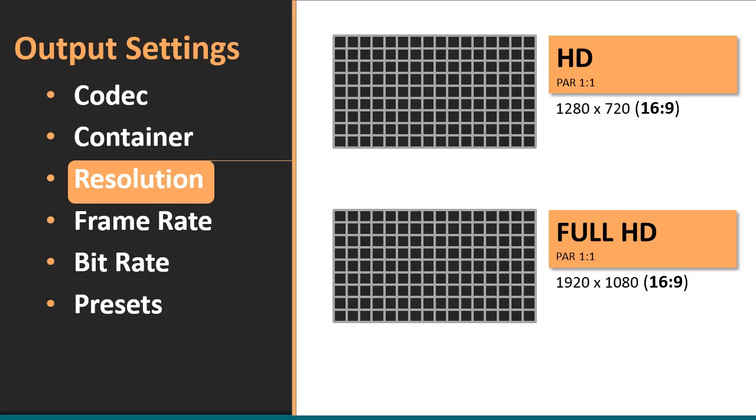So you'll have to make that decision. Most of you have elected to go with regular HD, 1280 by 720, which is a 16:9 aspect ratio, and that will scale up to any size HD monitor, and it will look fantastic without any letterboxing.